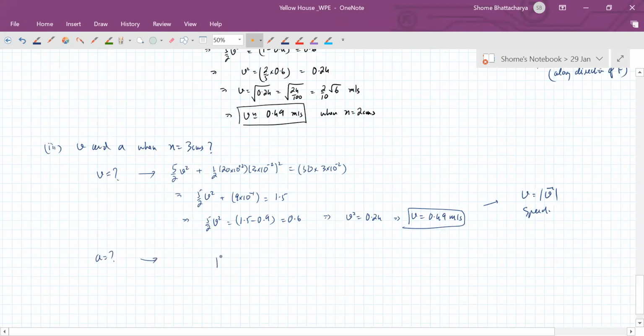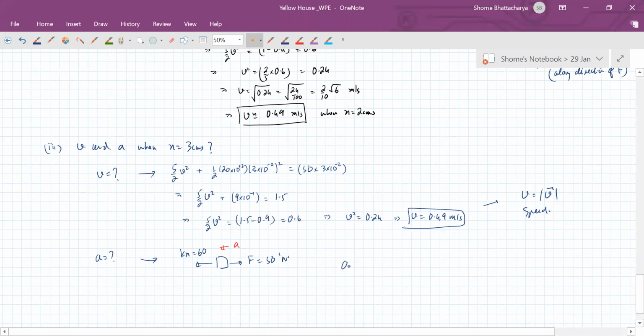Now, what about the acceleration? You can see that the spring force that is becoming how much when x is 3 centimeters? It's becoming 60 newtons. So it will have a deceleration. Okay.